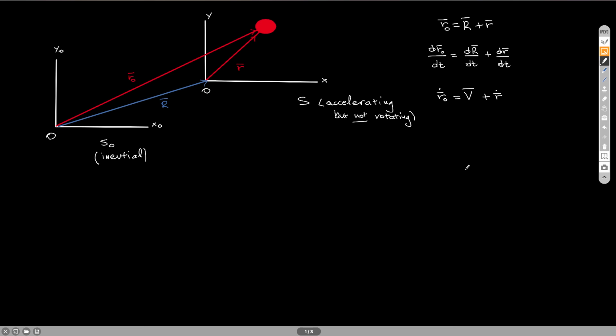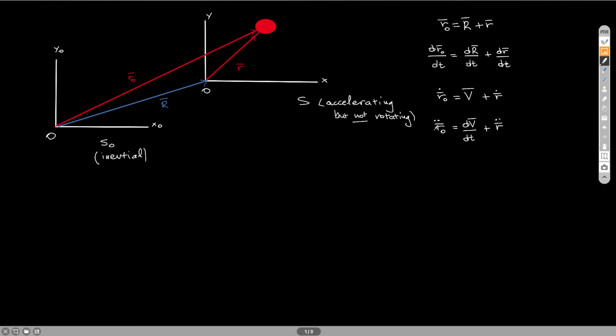Okay. Now, of course, I can take one more time derivative. Why not? So what I'm gonna get is the second time derivative of r naught and dV over dt. And of course, all of these are going to be accelerations, but there are different kinds of accelerations.